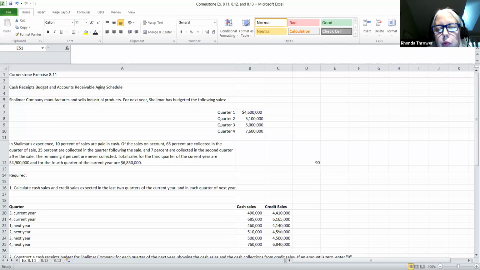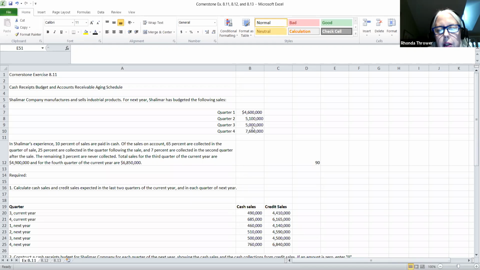That's the way that you keep your information straight. In quarter two of the next year, the total sales are $5,100,000. Multiply these by 10% to get your cash sales of $510,000, and multiply $5,100,000 by 90%, and that will give you your credit sales.